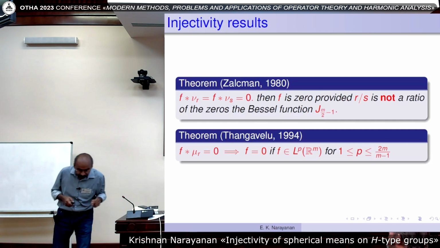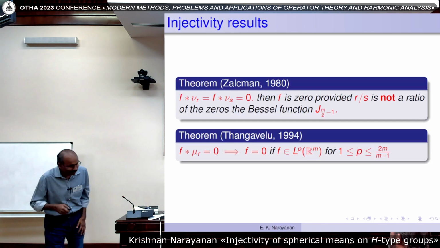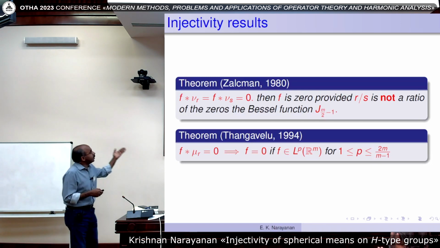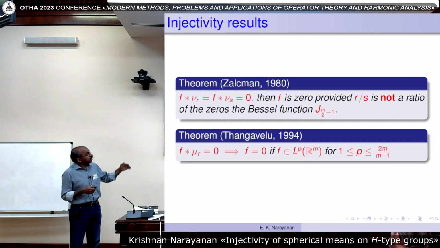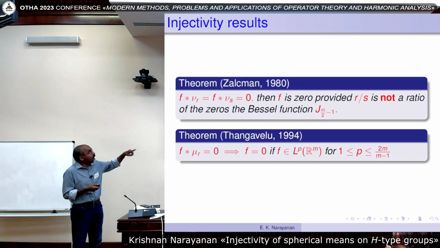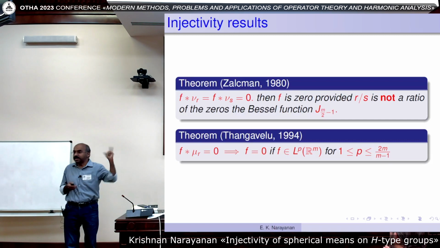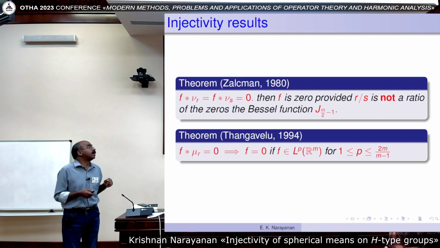Then f convolved with nu_r and f convolved with nu_s identically 0 implies f is 0, provided the ratio of the radii r/s is not a ratio of the zeros of the Bessel function J_{m/2-1}. Here m is the dimension of the underlying space.